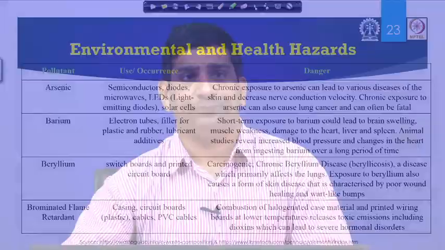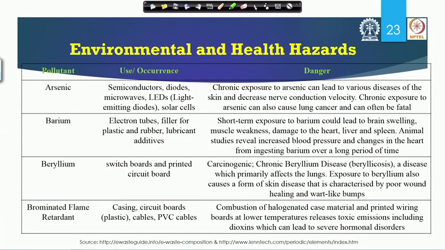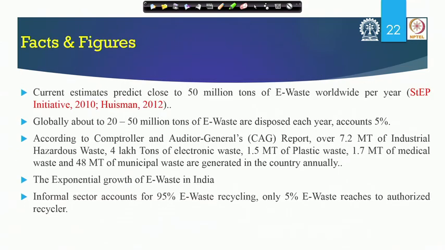What is happening is mostly electronic waste is going to the informal sector. So that's in terms of how much e-waste there is in India, and in what way it is managed. As you can see, mostly going to the informal sector.